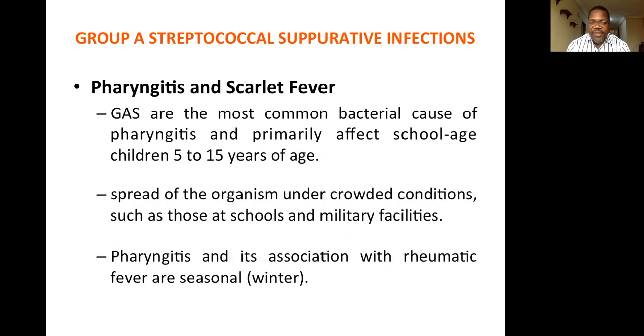The organism spreads under crowded conditions, such as schools and military facilities. Pharyngitis and its association with rheumatic fever are seasonal. This infection mainly happens during winter. It affects mainly school-going children. After that, they can develop what we call rheumatic fever as a complication.